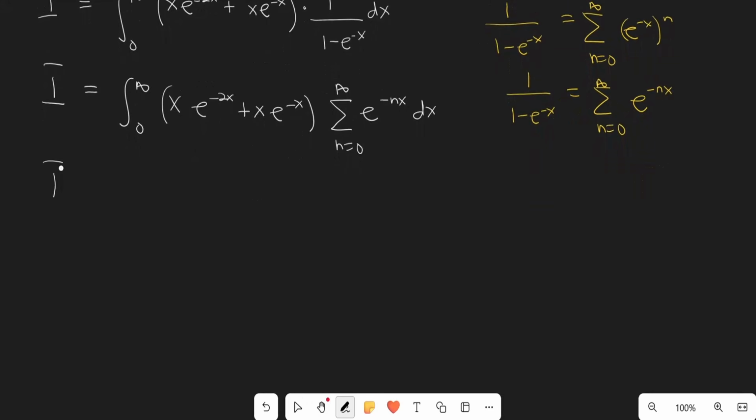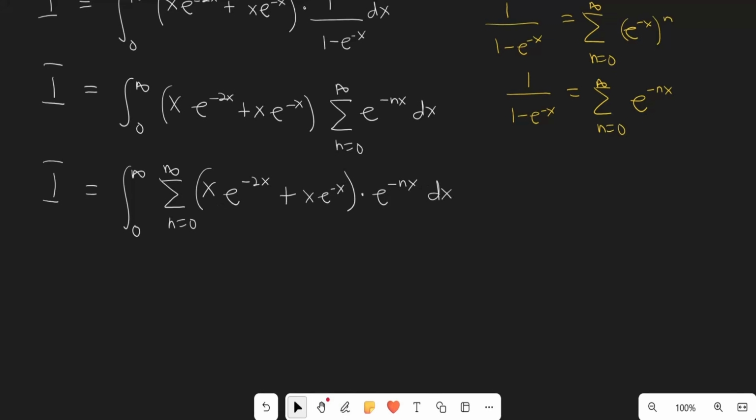So I is going to be equal to the integral from 0 to infinity of, I'm now going to distribute in with this, that is now the summation n running from 0 to infinity of x e^(-2x) plus x e^(-x), which is multiplied by e^(-nx), all this one dx.